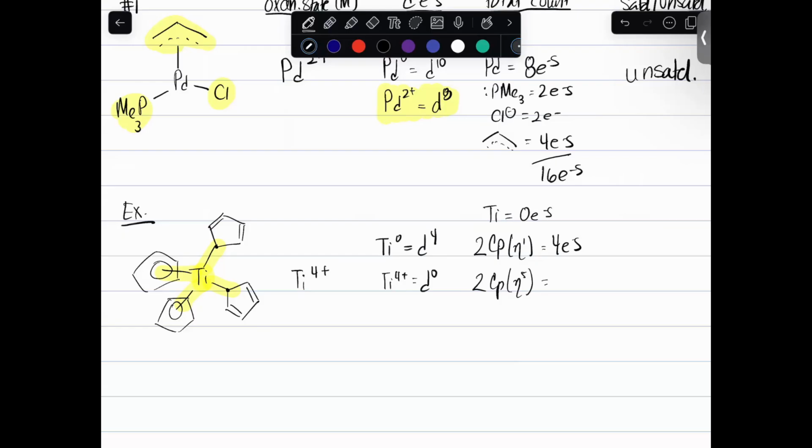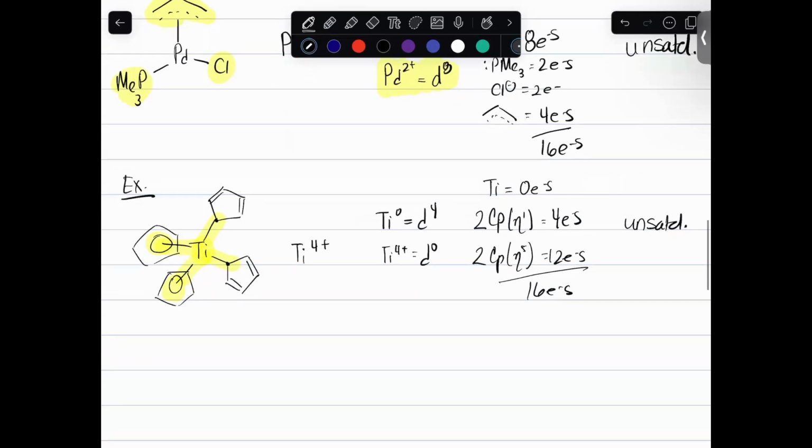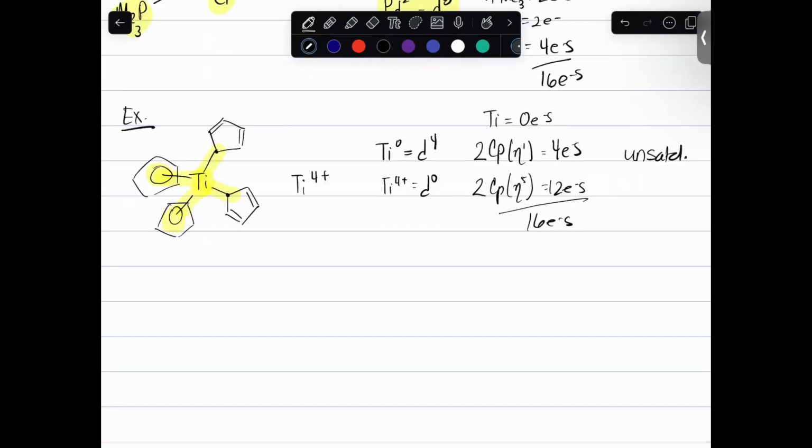Each one is coming with 6 electrons for a total of 12 electrons. And the total is 16 electrons again, and it is unsaturated. We'll do a few more examples before we move on.